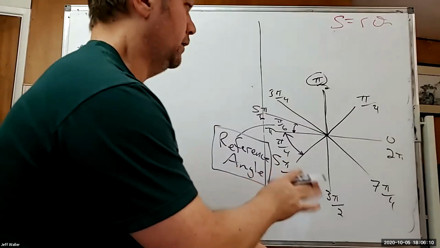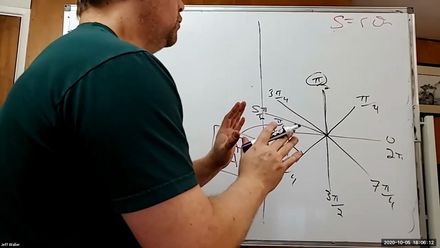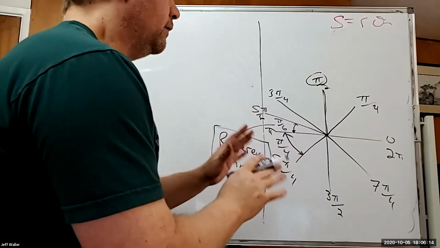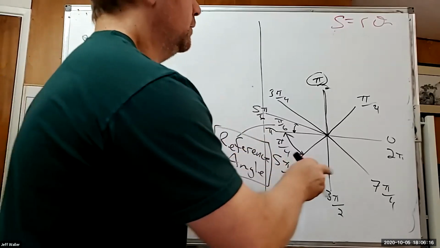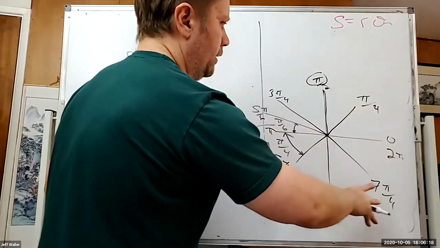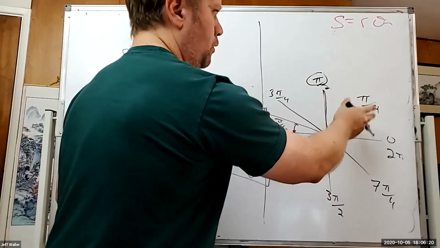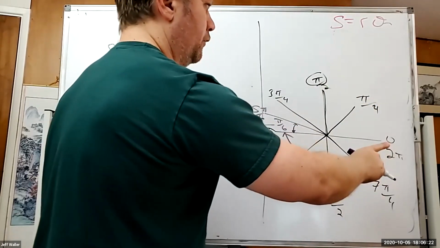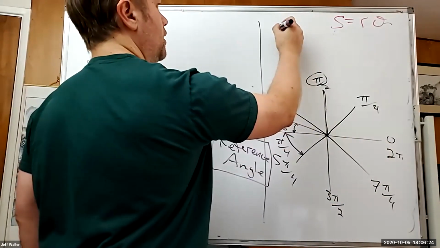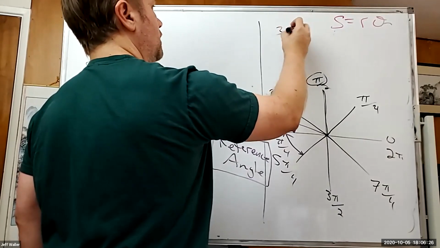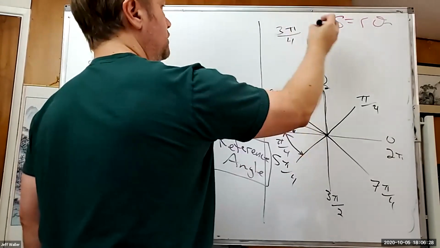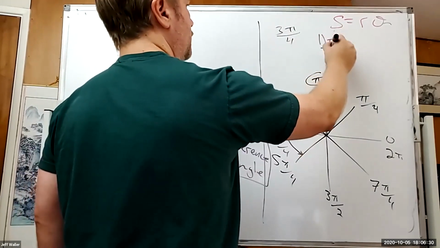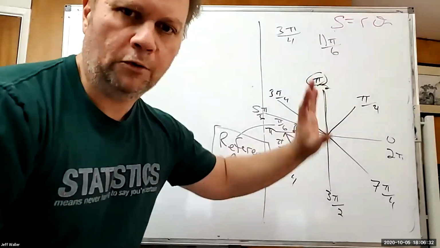So this is kind of nifty. You have to trust me. I think that some of you guys might actually do this. If this is the first time you've ever seen radians, you just want to kind of construct this thing for yourself, and you want to figure out what 3 pi over 4 is, and what 11 pi over 6 is, and where it would be.